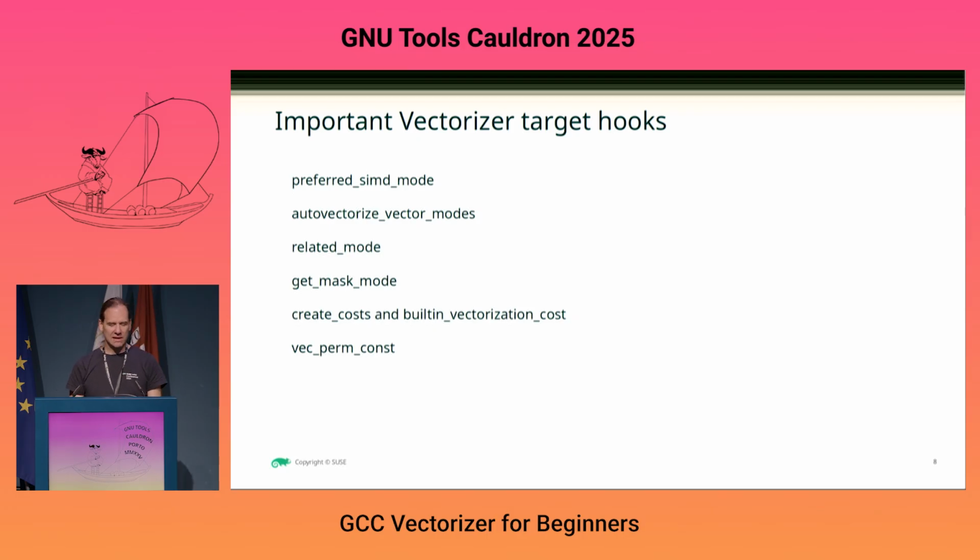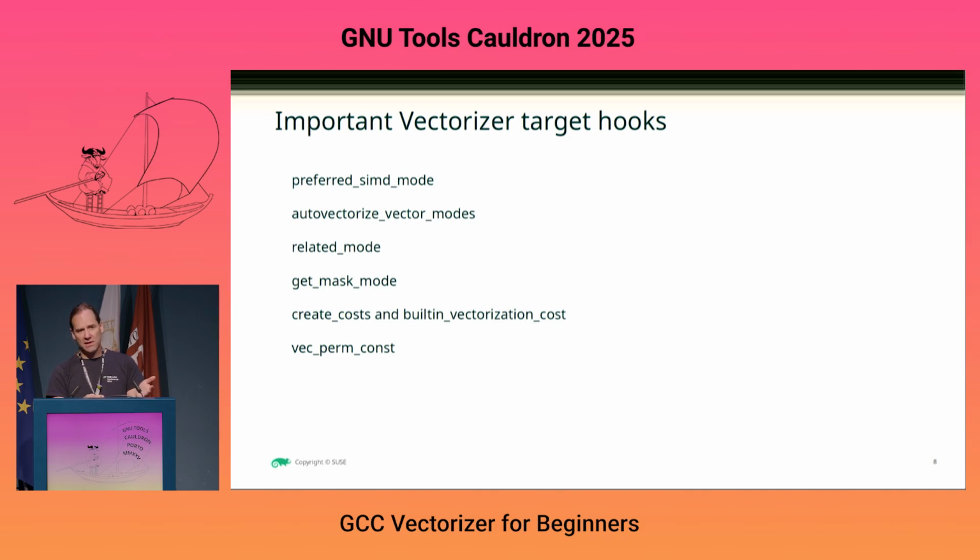Important vectorizer target hooks are the autovectorize vector modes hook. It basically tells the vectorizer which vector modes to consider when vectorizing. That's used in the context of vector sizes to use, or modes with completely different behavior, like when you have ARM Neon and ARM SVE.